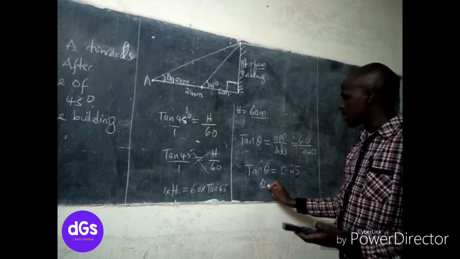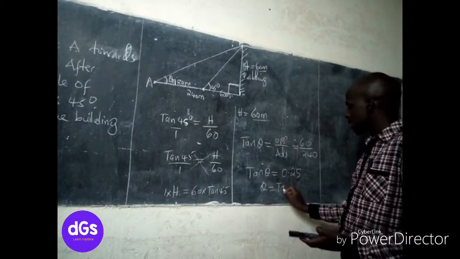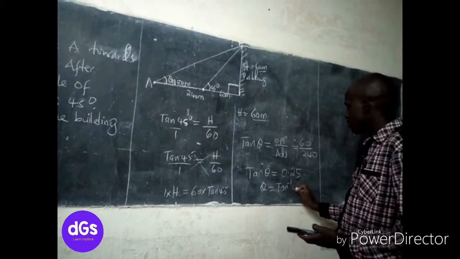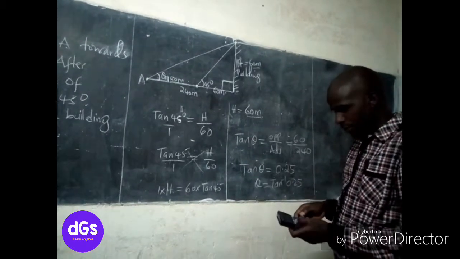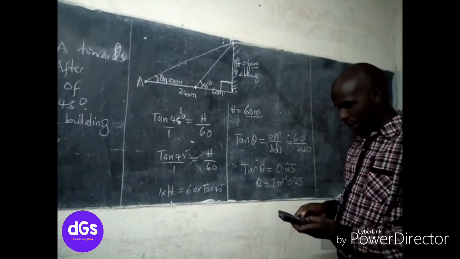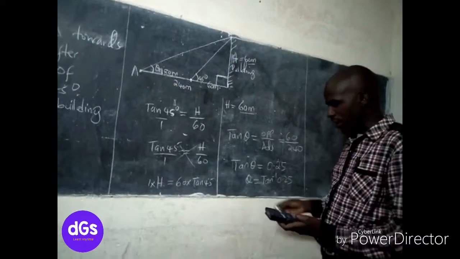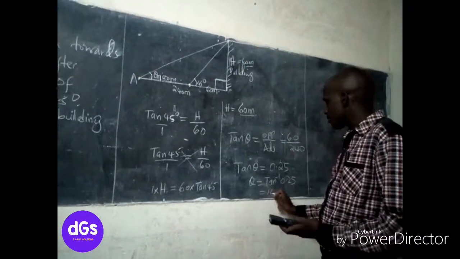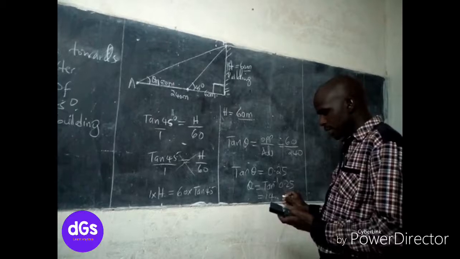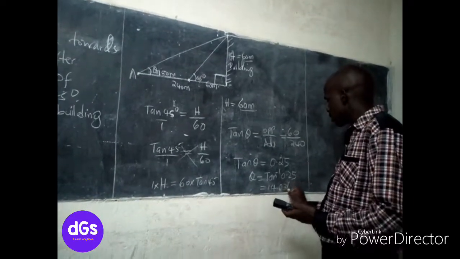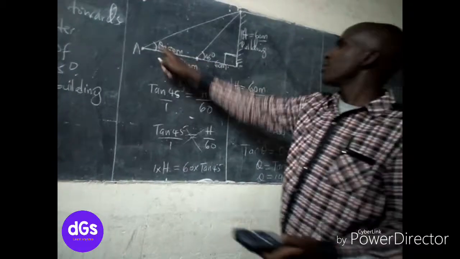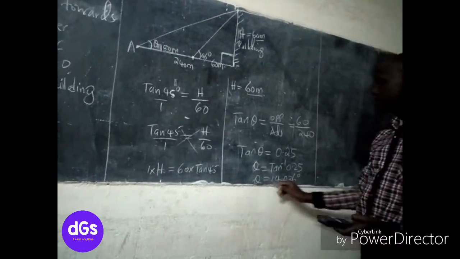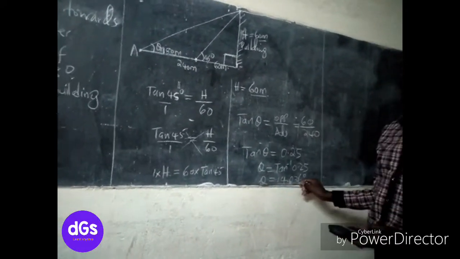Then to be able to get our theta, we take the tan inverse of 0.25. So our theta will simply be tan inverse of 0.25, and that angle will be 14.036 degrees. So our angle theta here will be 14.036 degrees.